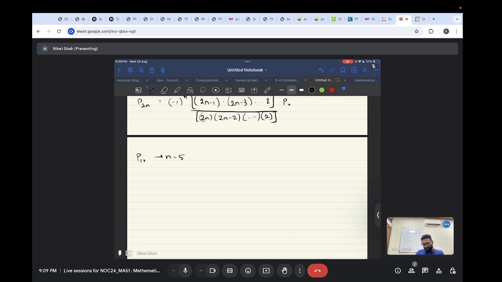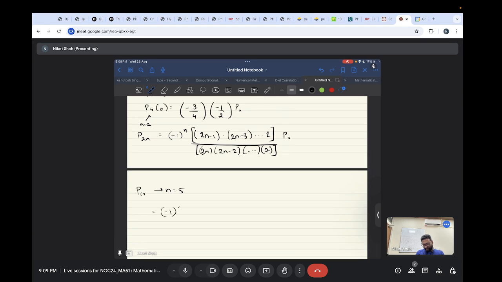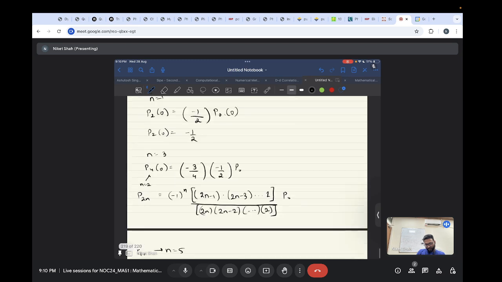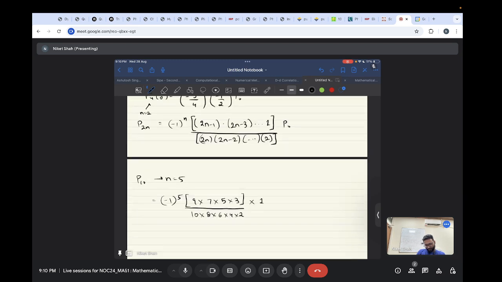In that case, this is minus 1 raised to power 5, which has a negative sign, times 9 into 7 into 5 into 3, divided by, n is 5, so 10 into 8 into 6 into 4 into 2, times P0, which is 1. Yeah, this is basically the answer.